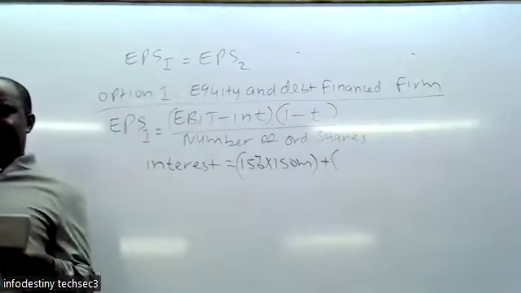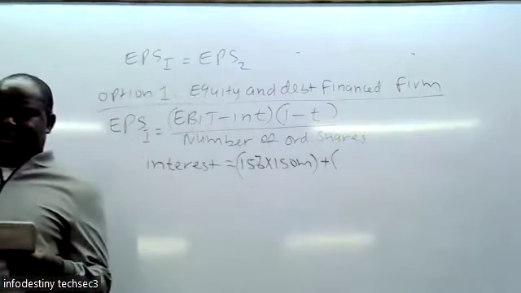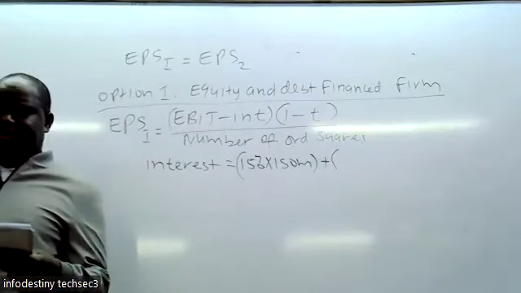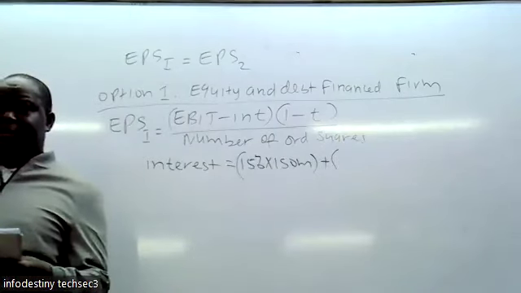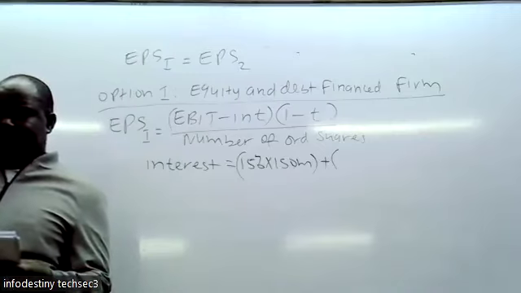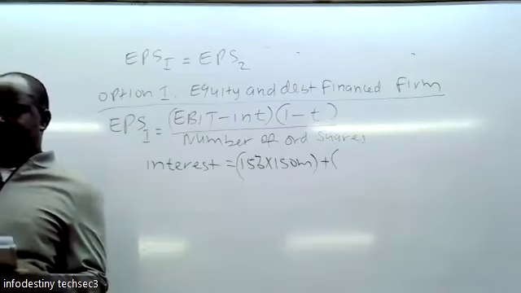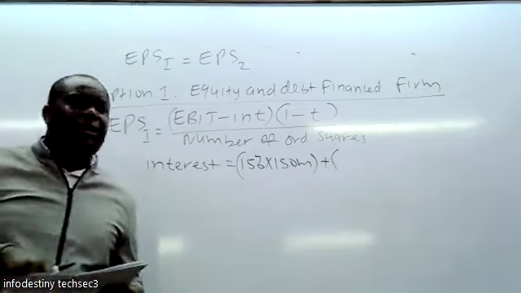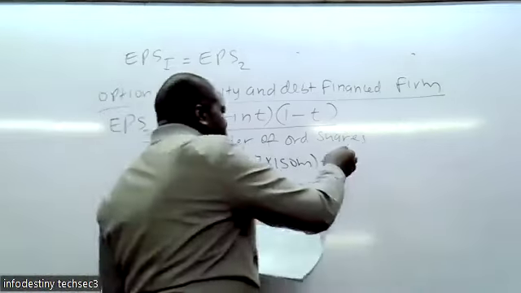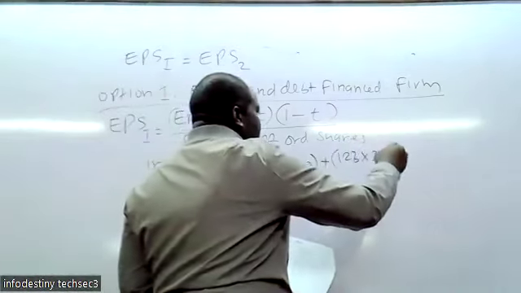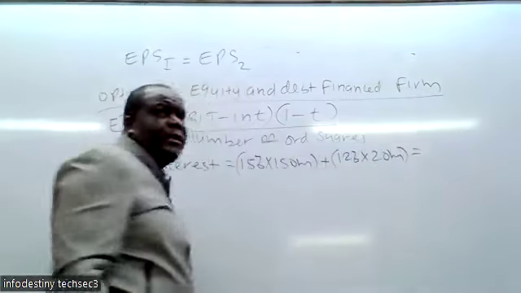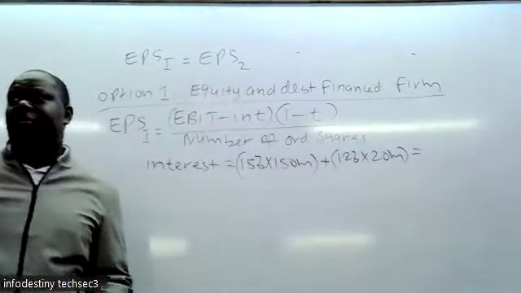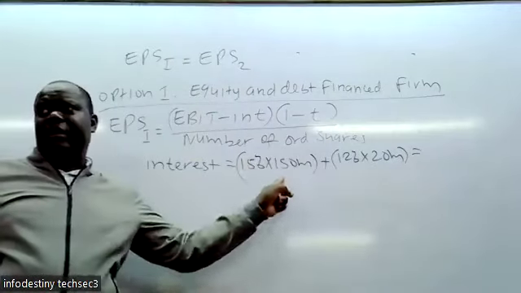The finance manager intends to raise an additional 20 million to finance an expansion program. In option 1, to raise the 20 million, they are issuing 12% debentures, so you also add 12% of 20 million. That gives the total interest, which is what you are already paying on the debt that we have.